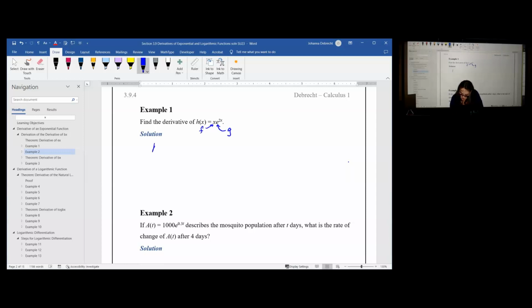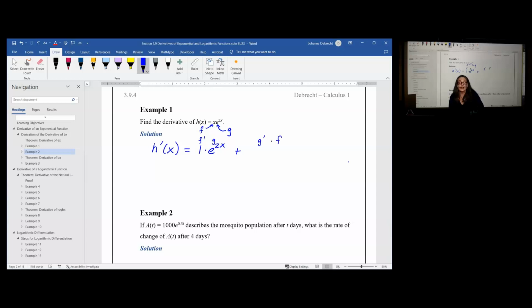So I'm going to compute h prime of x to be the derivative of x, 1, times e to the 2x, unchanged. This is f prime g, plus, now I need g prime times f.